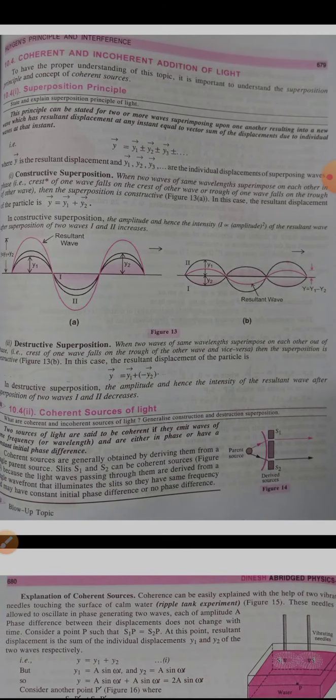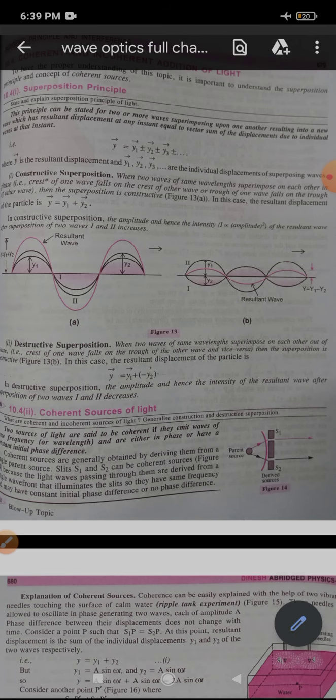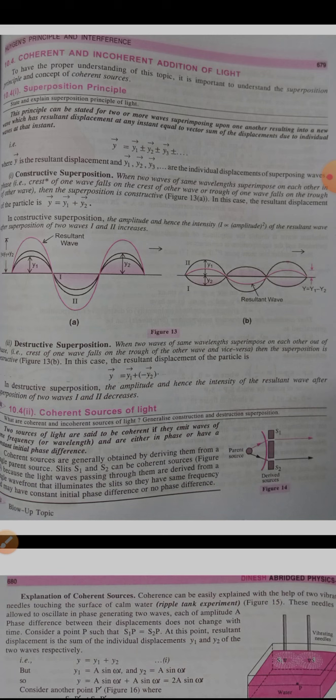This principle can be stated for two or more waves superimposing upon one another, resulting in a new wave which has a resultant displacement at any instant equal to the vector sum of the displacements due to individual waves at that instant.